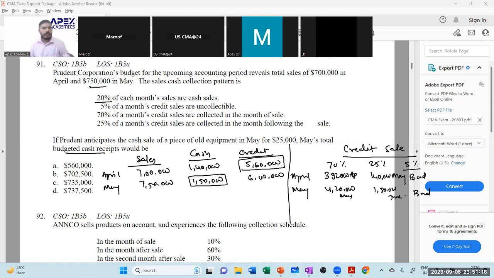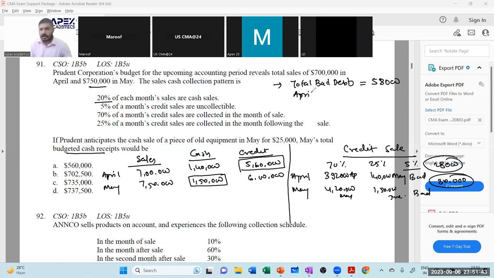This is June. 5,60,000 ka 5%: 10% is 56,000, so 5% will be 28,000. 6 lakhs ka 10% is 60,000, and half of that is 30,000. In this question, I am doing all possible extra questions for you. Total bad debts are 58,000.